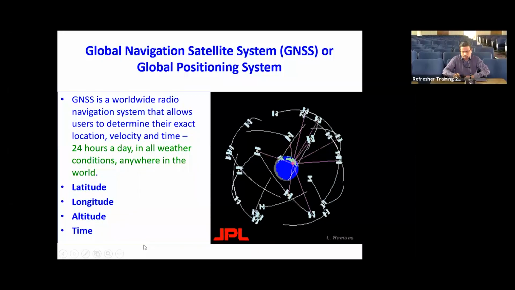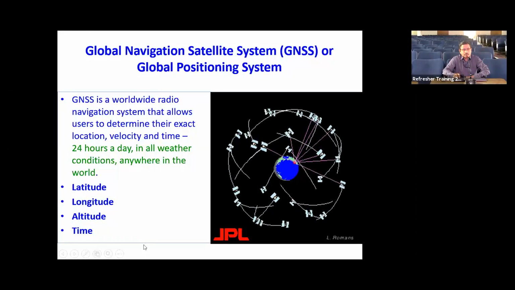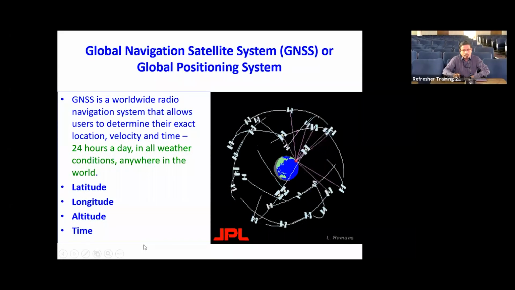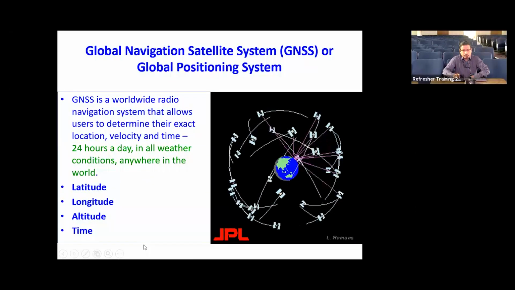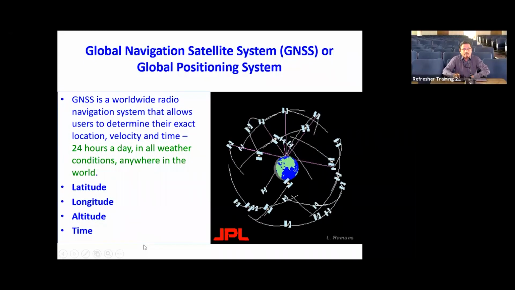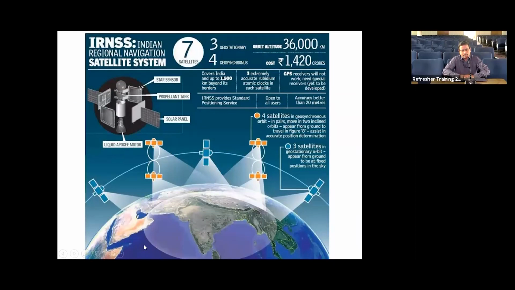The system we have just discussed, GPS, is for global navigation. This is for global coverage. It is the American system. India recently developed its own system, namely IRNSS, the Indian Regional Navigation Satellite System, which consists of 7 satellites to cover the Indian region and 1,500 kilometers away from the Indian border.